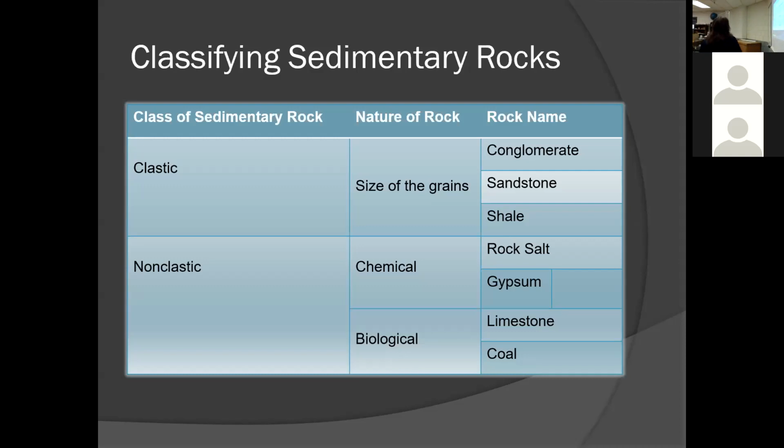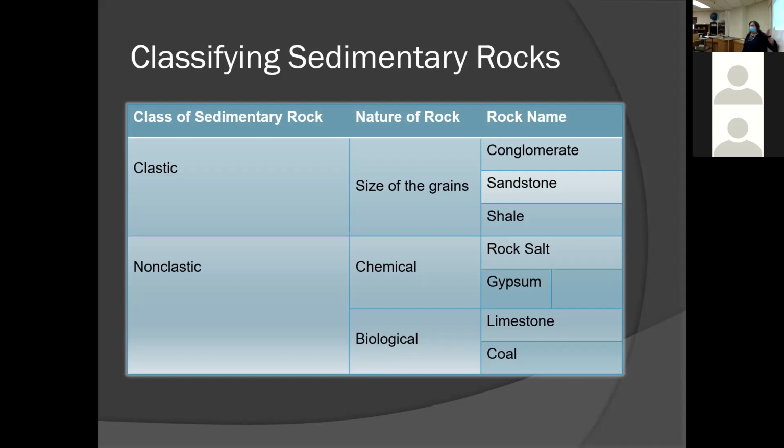The only thing I do want you to write is clastic means that it has grains that we can see, and it is formed from the natural cementation of grains. Non-clastic means that it either came from a biological environment on the earth or a chemical environment.